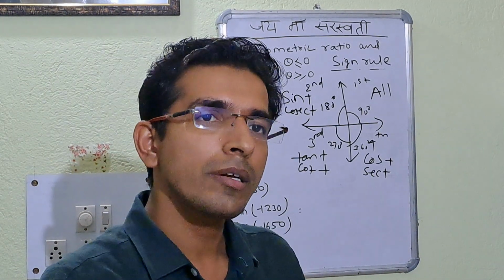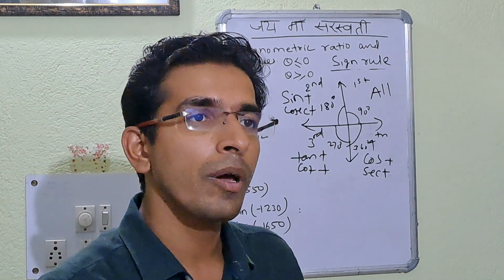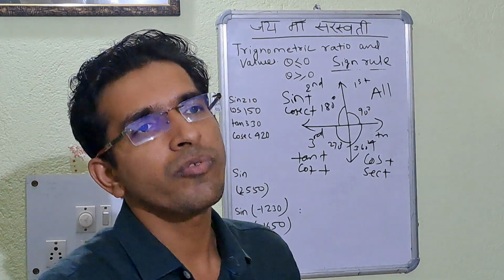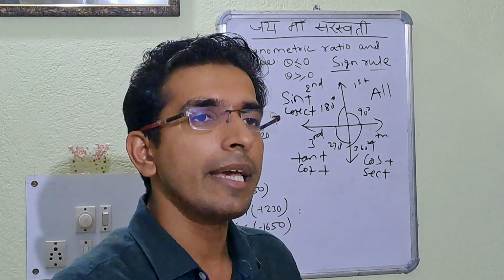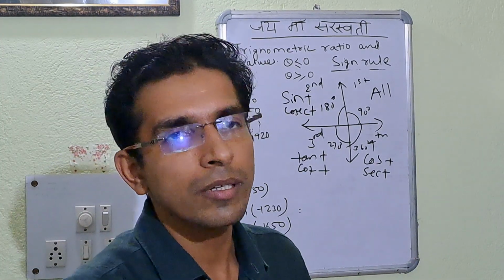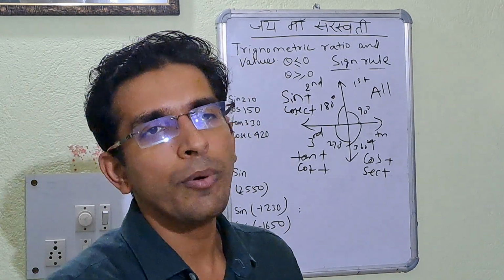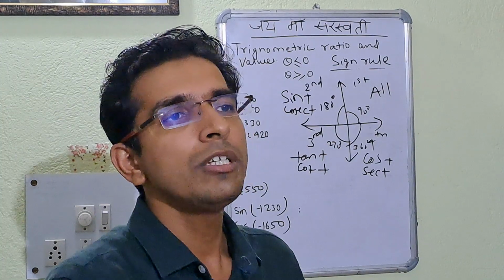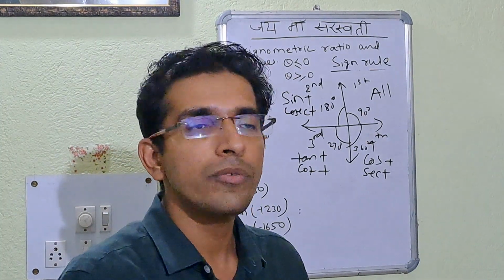But when we are crossing 360 degree, going beyond 360 degree, suppose that is 420 degree, suppose 500 degree, suppose 1200 degree, in that case we have to apply certain basic rules. I will be discussing that rule also, and with the help of that rule we will easily calculate the trigonometric values in the long run.